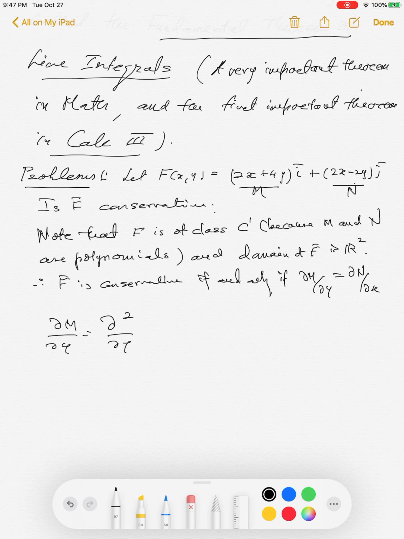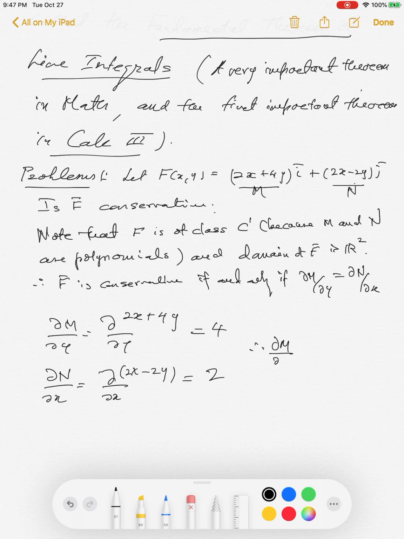So this is your M, this is your N, so dM/dy will be d/dy of 2x plus 4y, which is 4. dN/dx is d/dx of 2x minus 2y, which is 2.